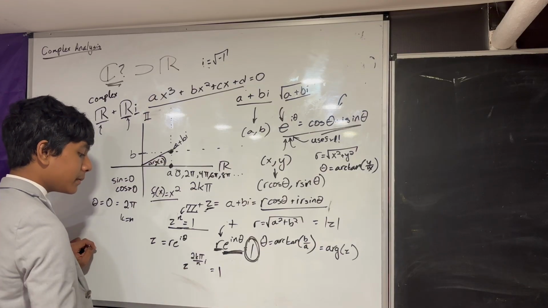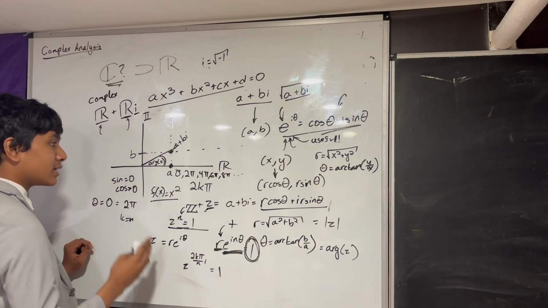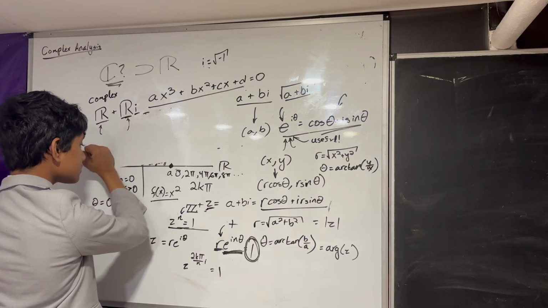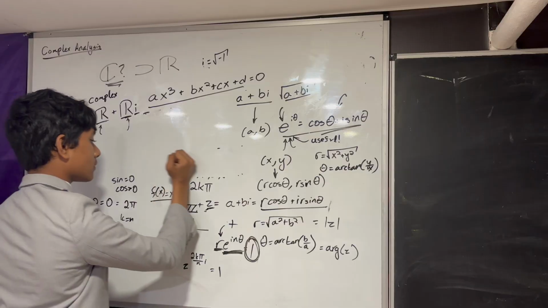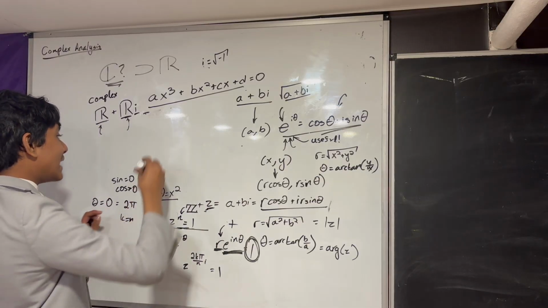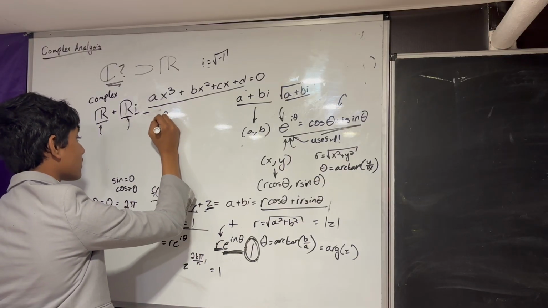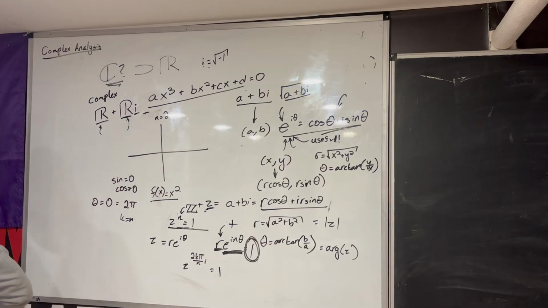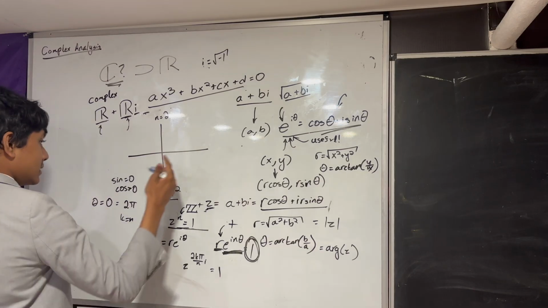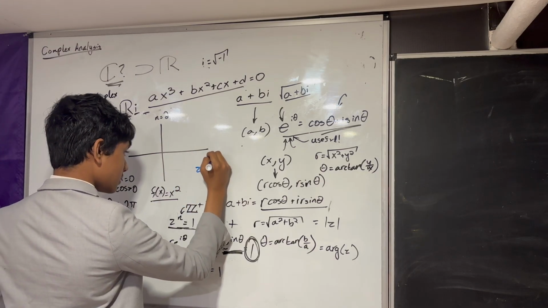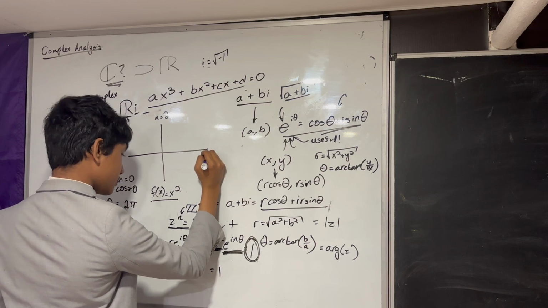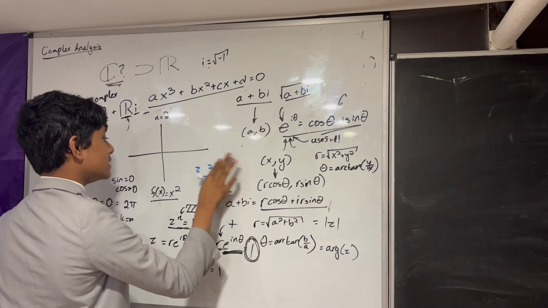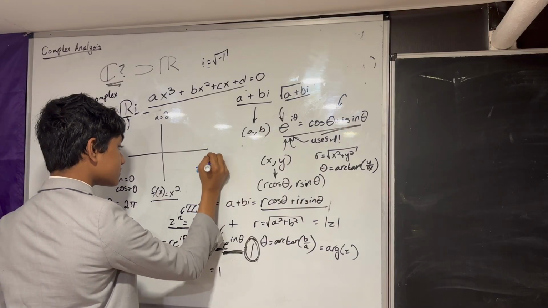Let's draw e to the 2k pi i over n for an example on the complex plane. So let's take n equals 2 first. z is equal to e to the 2k pi i over 2, which is just e to the k pi i.